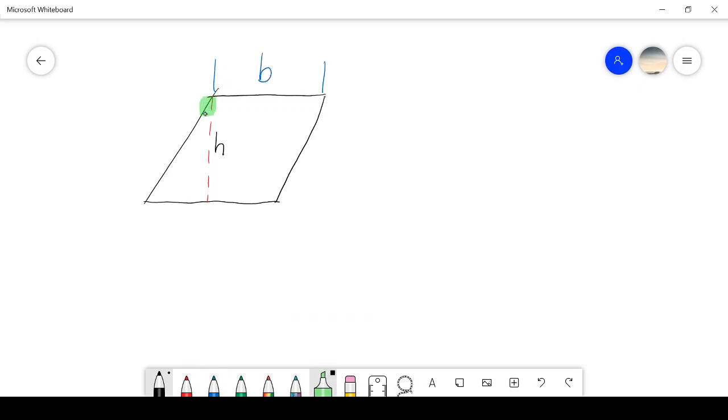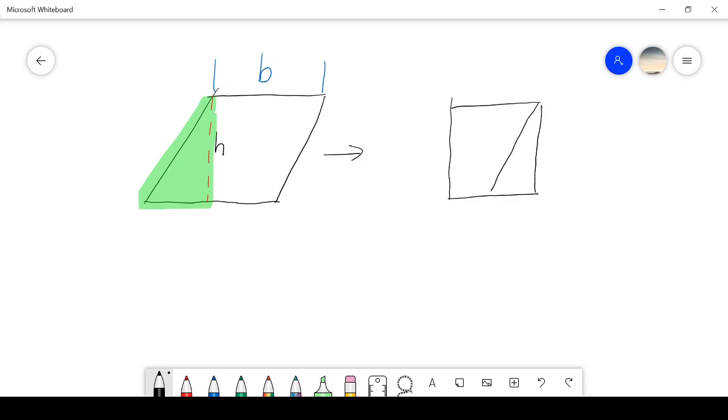And if I cut this space out and I moved it to the right hand side, I will have a square.